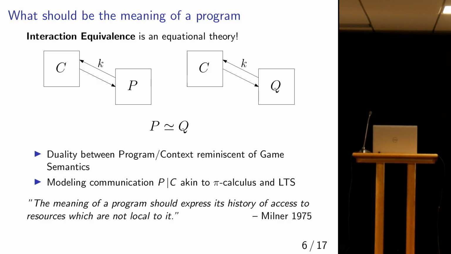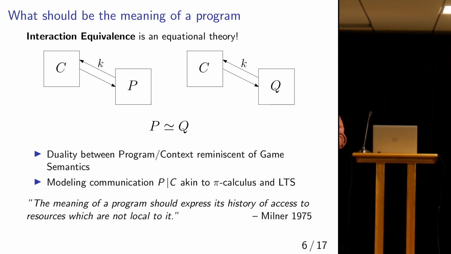So this interaction equivalence is really this idea that we want two programs to be equivalent if they make the same amount of calls, the same amount of communication steps with the context. It will be an equational theory, and we were heavily inspired by game semantics, and I think this is really reminiscent of the duality there between context and programs.